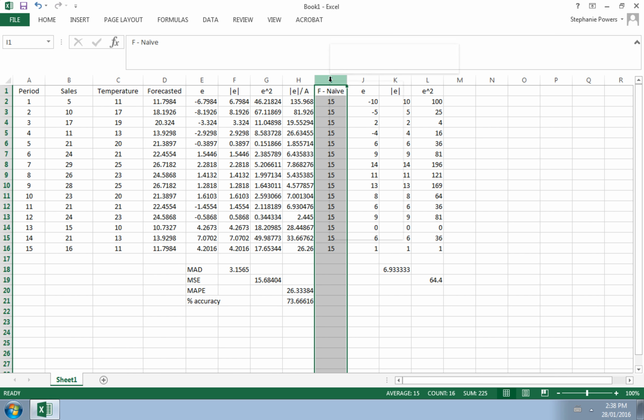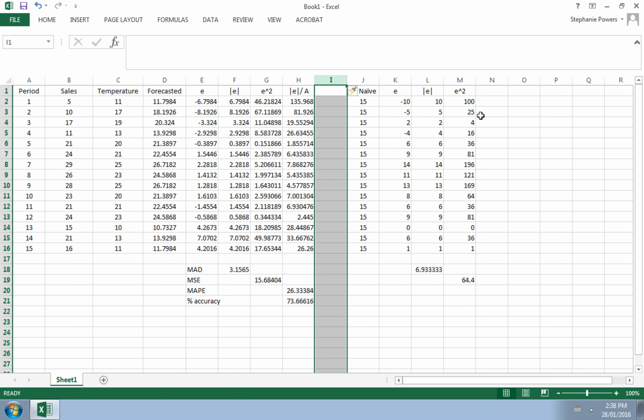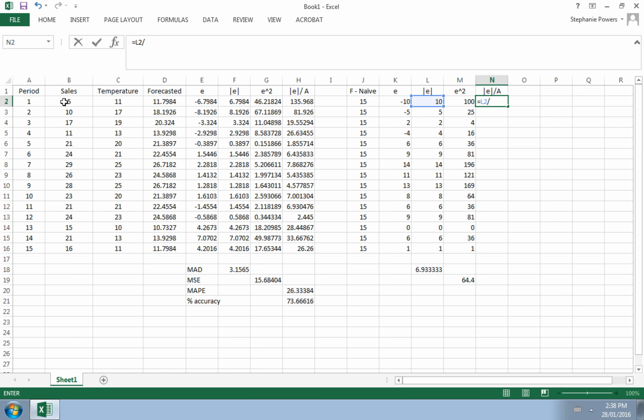Well, how does this compare to our naive model? We can find that, so we'll create a column where we have the absolute error divided by the actual, and we are going to multiply that times 100. So take your absolute error divided by your actual sales times 100 and drag that down.